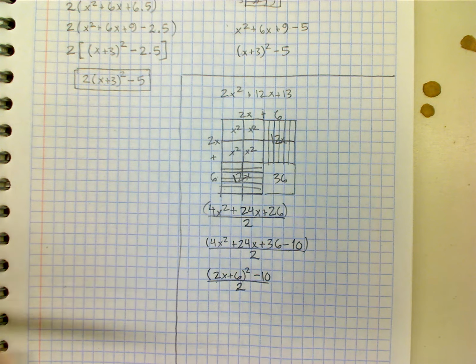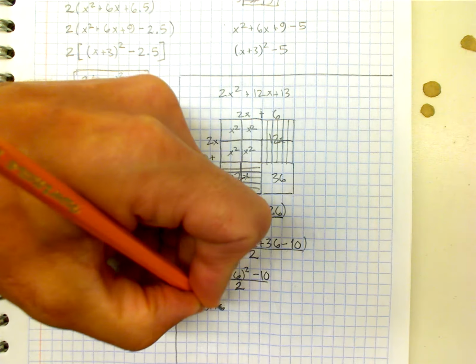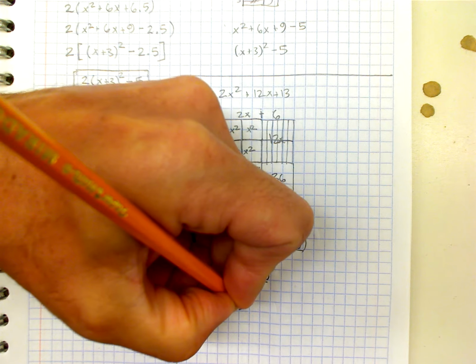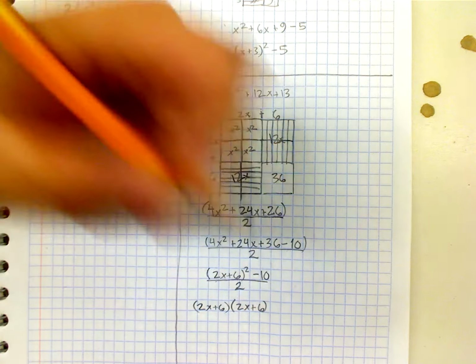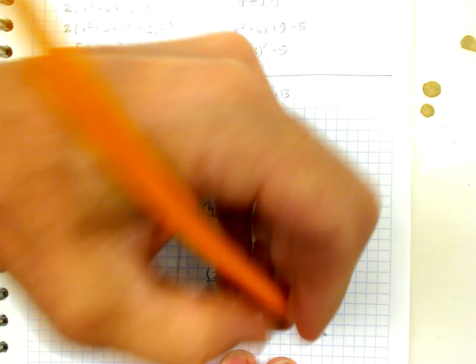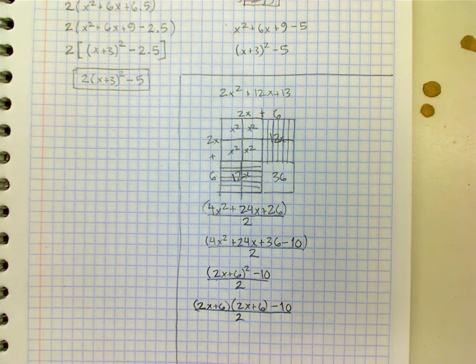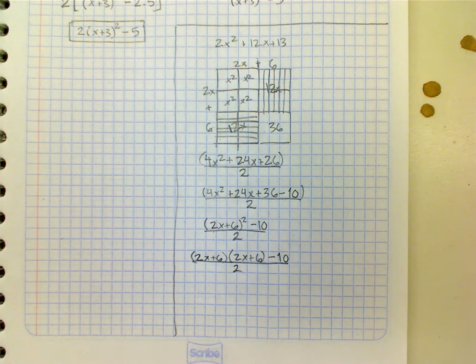So let me take a closer look at this. 2x plus 6 squared is 2x plus 6 times 2x plus 6. And then I'm going to subtract 10 and divide by 2, just retaining the expression completely.